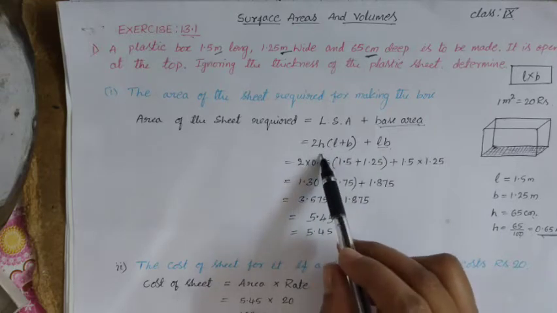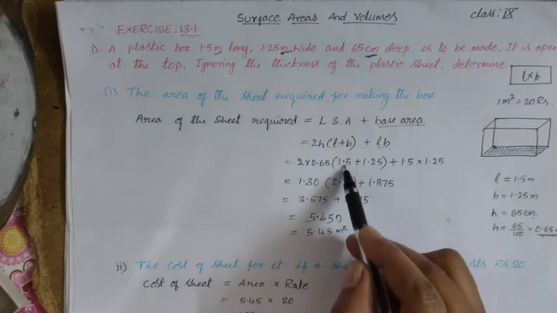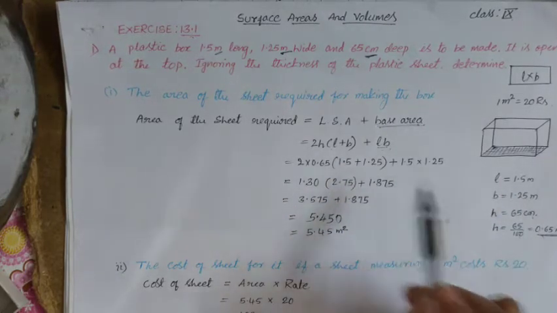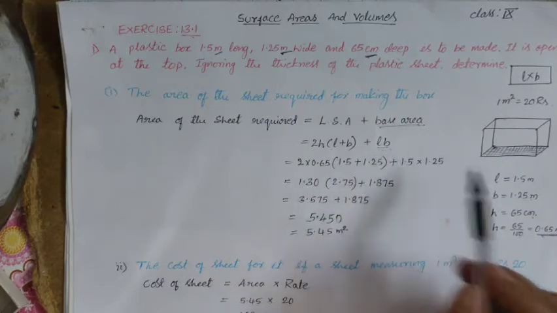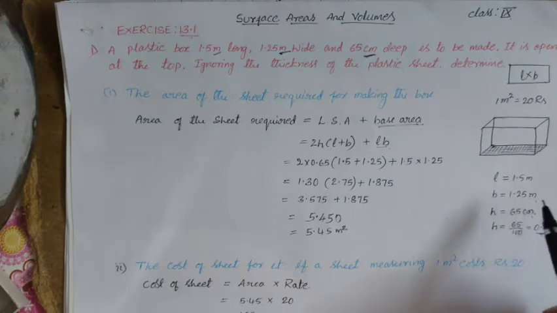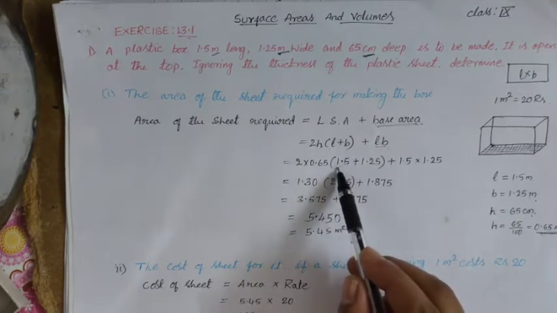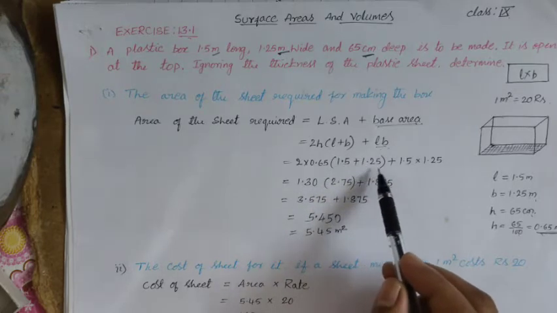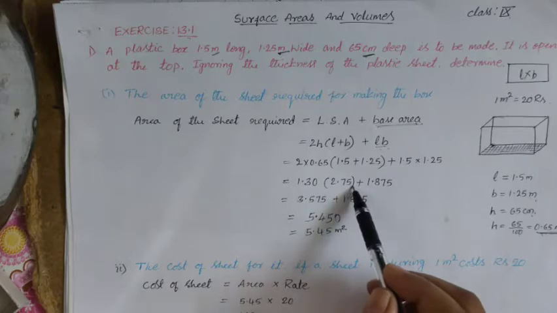Now substitute the values in this formula. So 2 into h is 0.65 meter, and L is 1.5 meter and breadth is 1.25 meter. Close the bracket. Plus, once again the length is 1.5 and the breadth is 1.25. Now we can open this bracket. You can add these two: 1.25 plus 1.5 is 2.75.